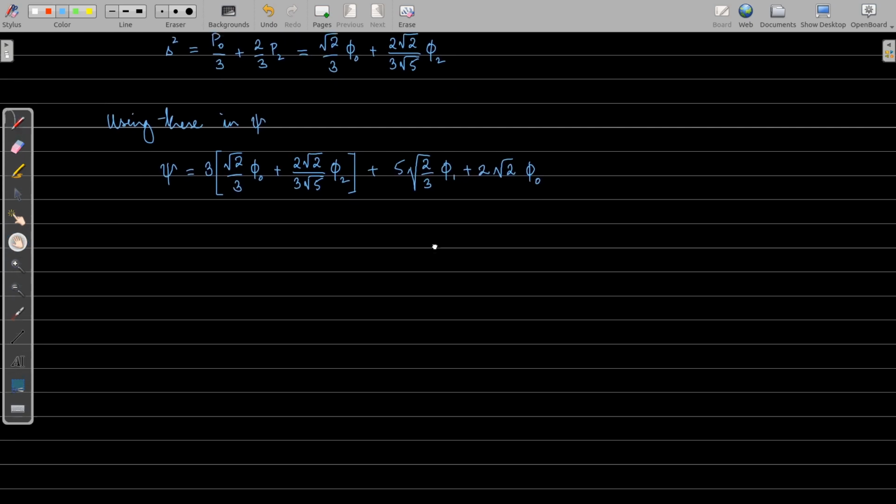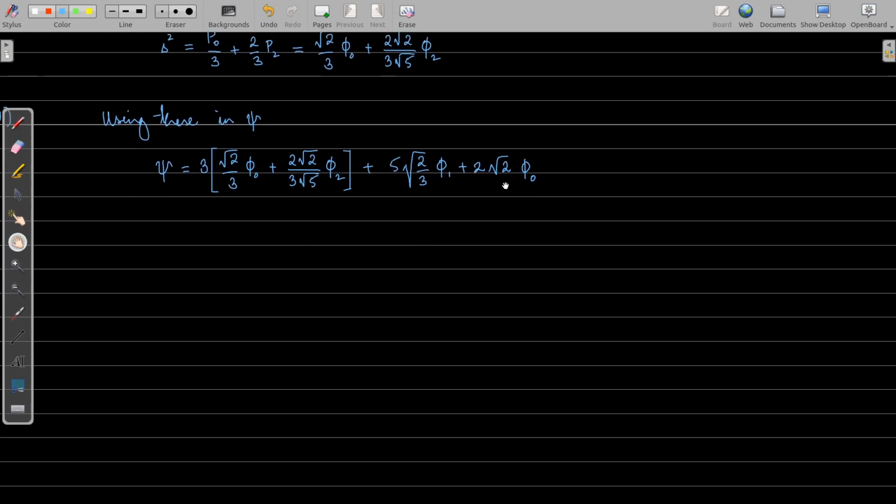Now what we need to do is combine all these phi 0, phi 1, phi 2 terms together, and this is going to give us psi equal to, you can verify for yourself, 2 times root 2 times phi naught, plus 5 root over 2 by 3 into phi 1, and lastly 4 root 2 divided by root 5 into phi 2.